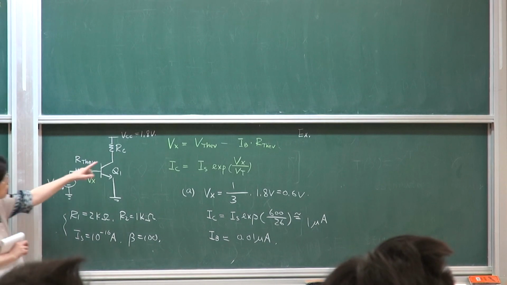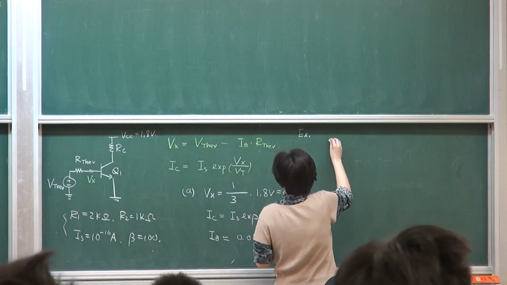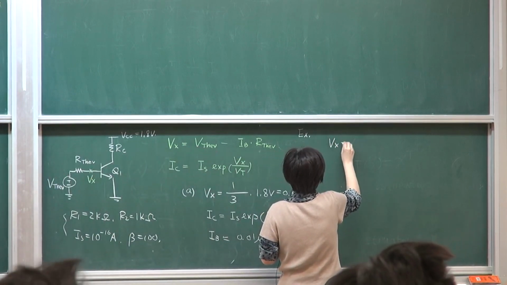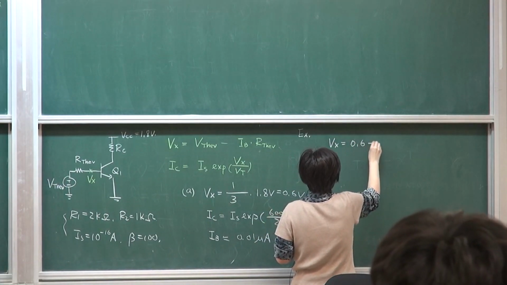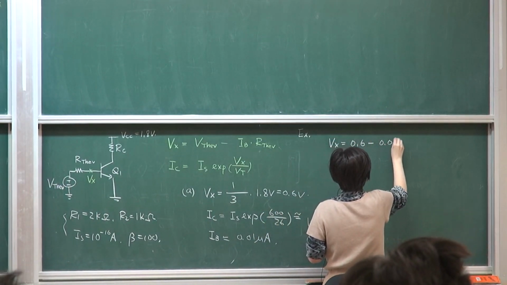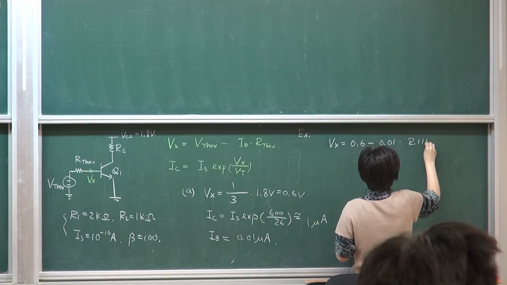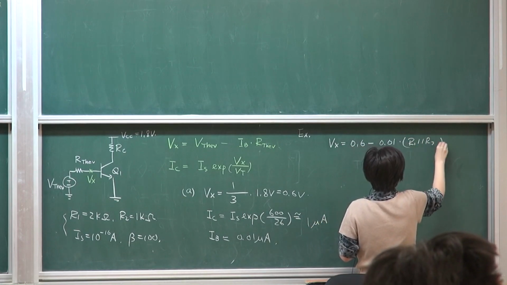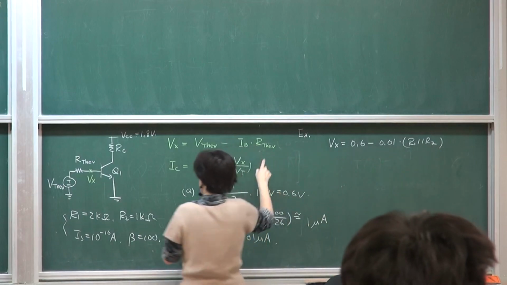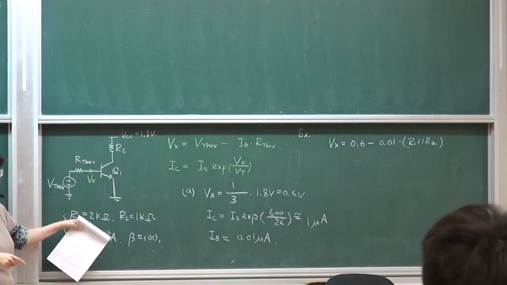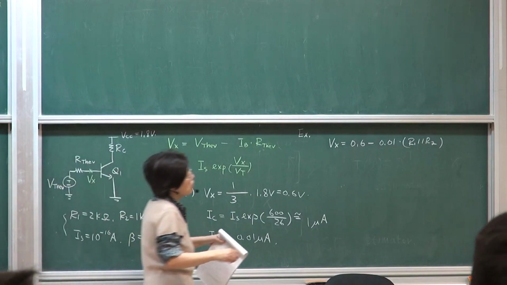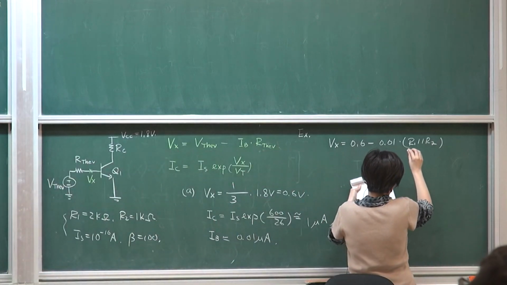If I'm doing the correction, my Vx will simply be 0.6 minus 0.01 microamp times R1 in parallel with R2, these two in parallel. So this will be very small.